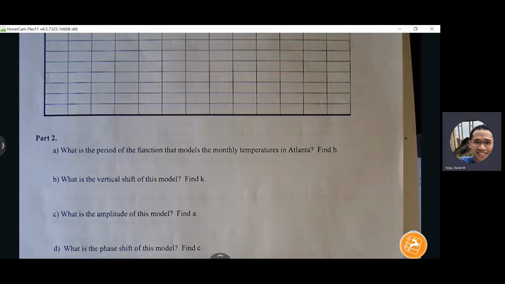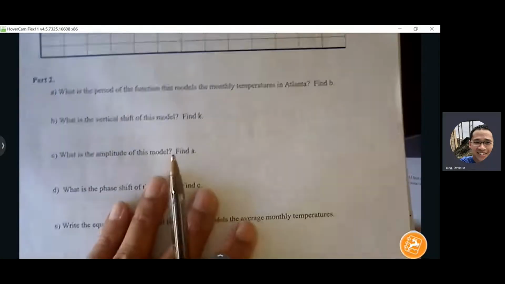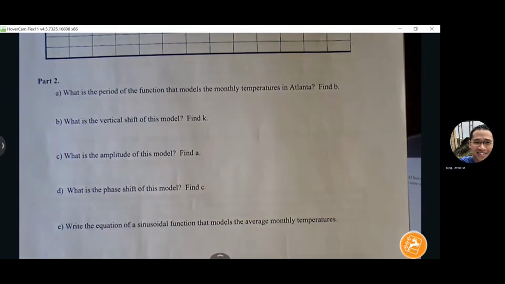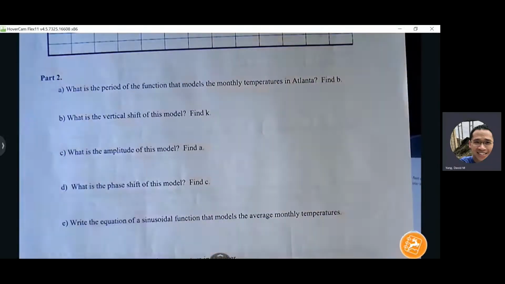Let the bottom row be months of the year, from 0 to 12. Then we'll let the y-axis be the temperature. I went from 10 to 80, but you can always scale it differently. Sure, yep, that works. You can scale it any way you want.